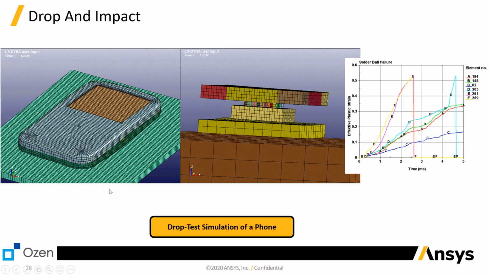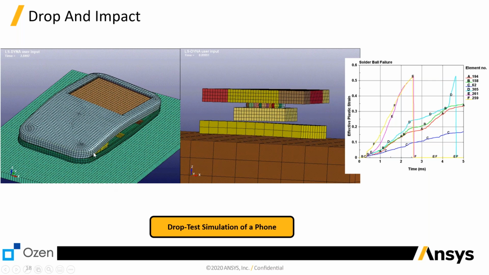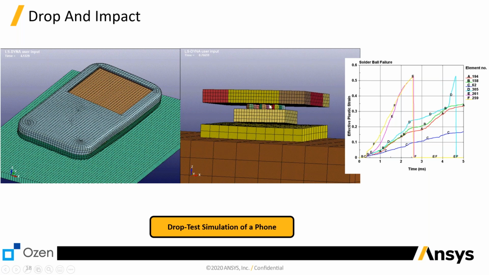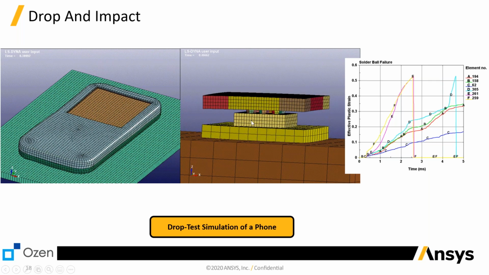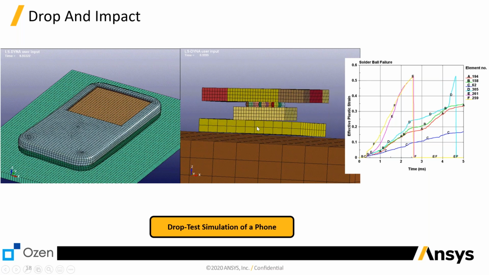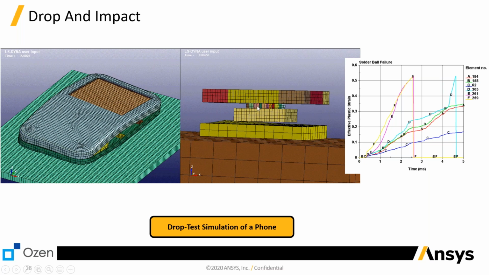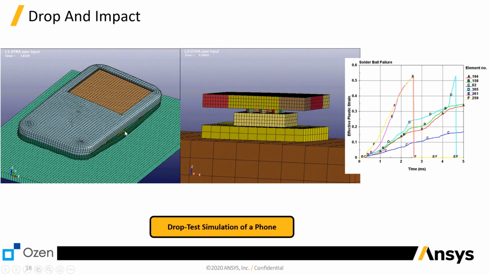And we have even taken a cell phone and dropped it, using a sub-modeling technique, and this is all done in LS-DYNA. In LS-DYNA you can do sub-modeling, and you can look at the solder joint connections during and after you drop it.